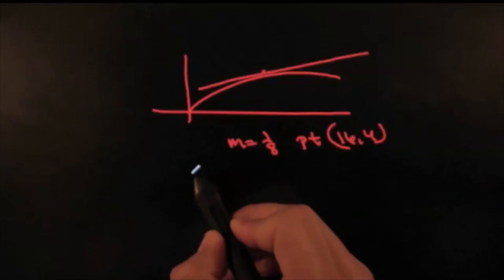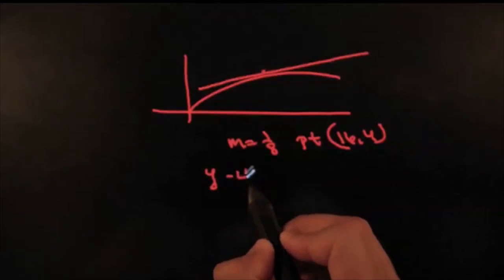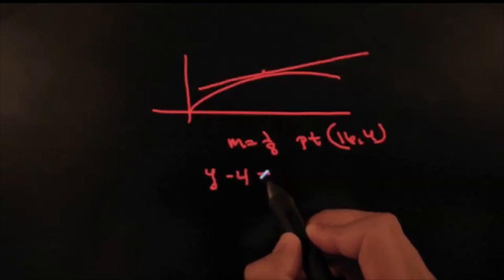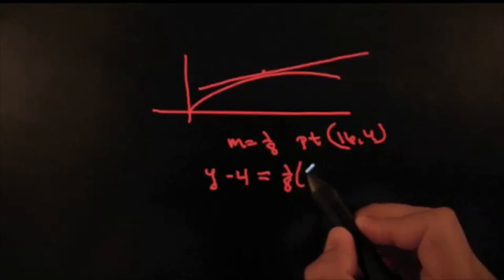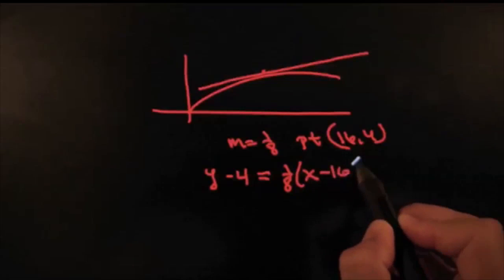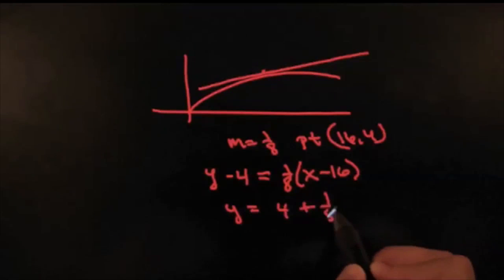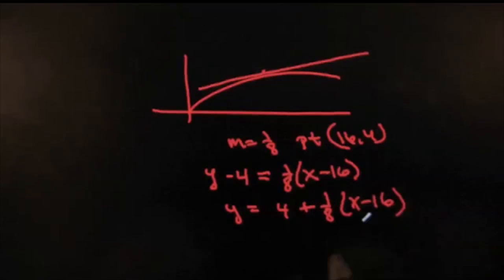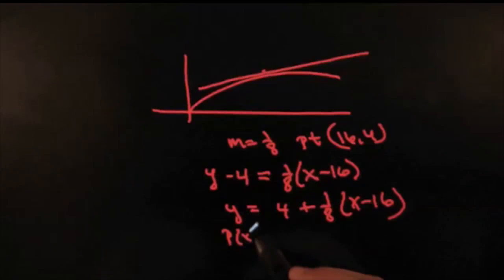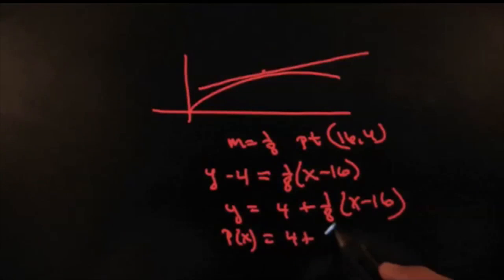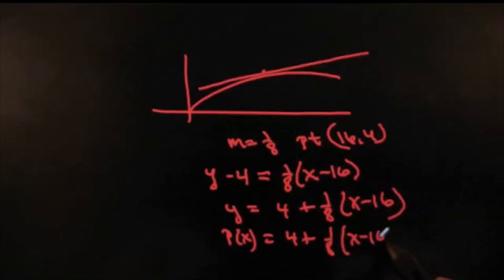So therefore, my function is y minus 4 equals 1 over 8 times x minus 16. I said I wasn't going to do this anymore, but I'll do it one more time. So y is equal to 4 plus 1 over 8 times x minus 16. That's my p of x. My polynomial is equal to 4 plus 1 over 8 times x minus 16.